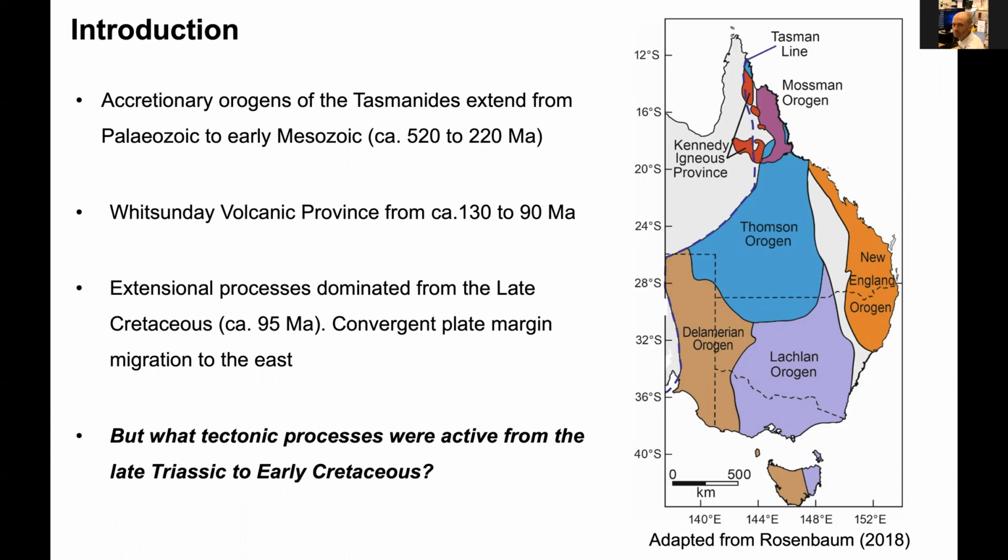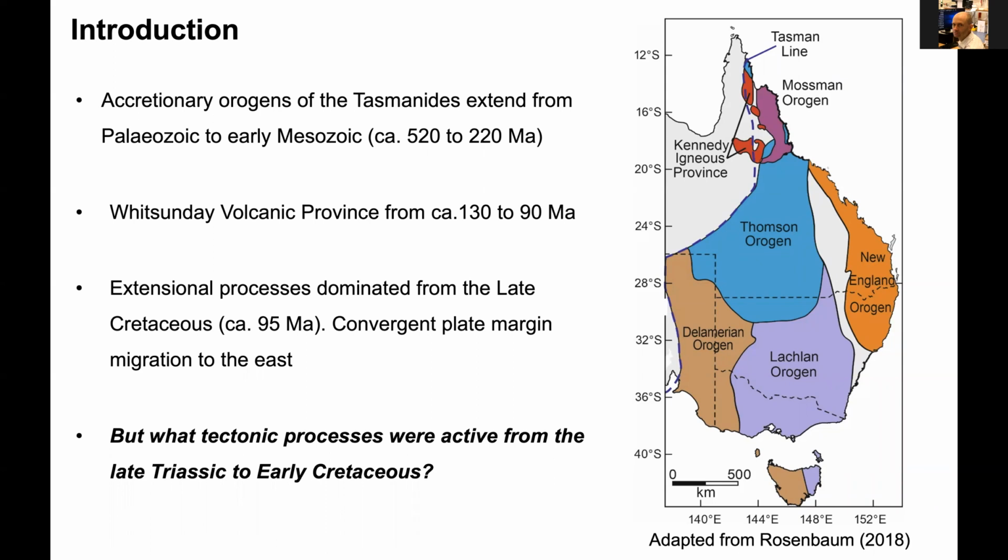These are believed to be a silicic large igneous province, possibly related to a mantle plume, and not obviously linked to a convergent margin tectonic regime. That's the current understanding of the Whitsundays.